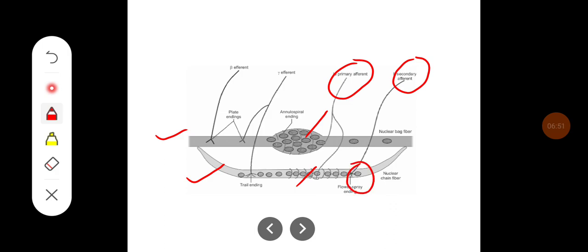The gamma efferents are going to innervate both the nuclear bag fibers as well as chain fibers, whereas beta efferents are going to innervate only the nuclear bag fiber. So this is the structure and their innervation of the intrafusal fibers, that is, the muscle spindle.